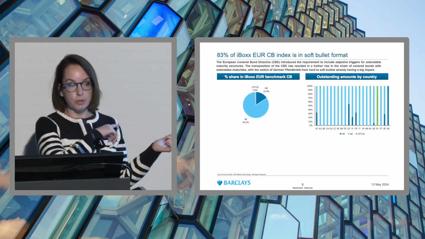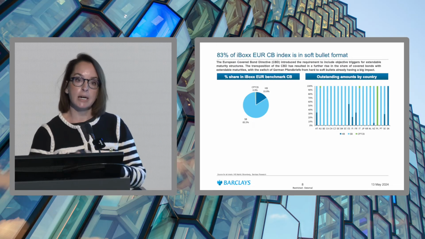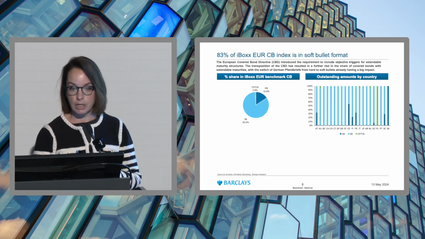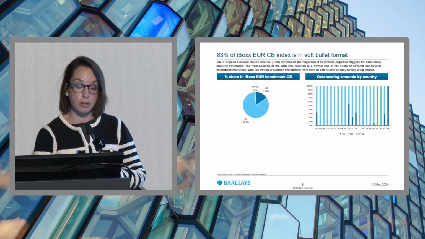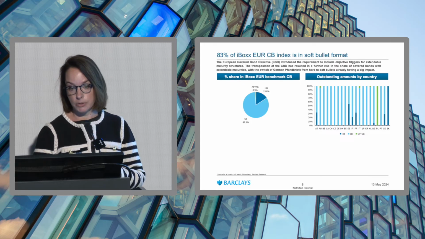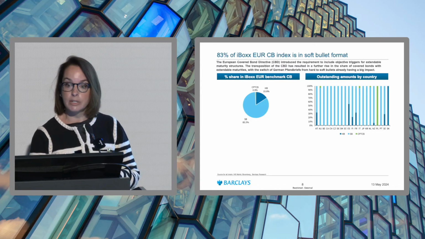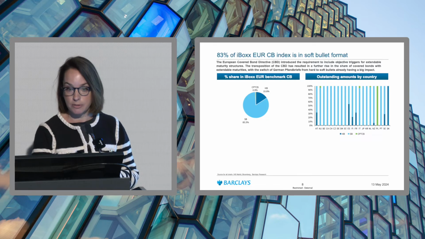Now, I showed earlier slides up to 22, but looking at today, taking the data from the iBoxx Euro Covered Bond Index, you see that the share of soft bullet has increased and is now close to 85% of the market. And this is mainly due to the fact that the European Covered Bond Directive introduced the requirement to include objective triggers.